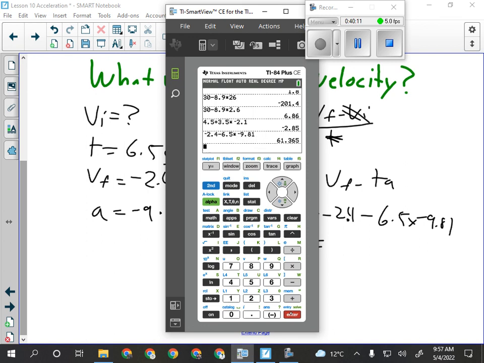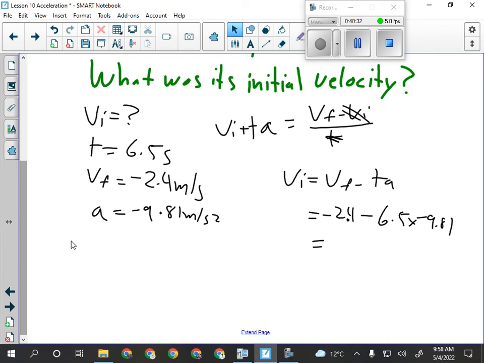I don't know who threw this thing. That's super fast to throw anything. Probably no human throws anything that fast. A major league pitcher doesn't throw more than about 40 meters per second. So somebody threw that thing straight up in the air real fast. 61 meters per second up.